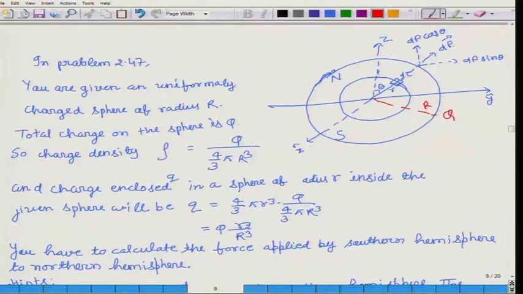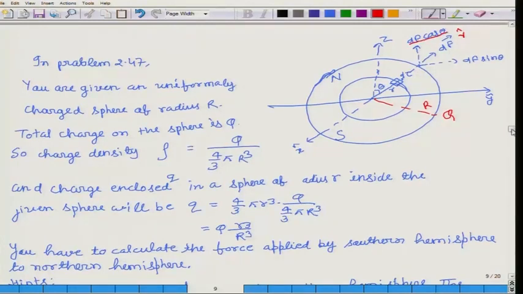If we calculate the force on this charge element, rho d tau, that force I have represented by dF, along the r cap direction. Now, see by this spherical symmetry, the horizontal component of this force, which we call dF sin theta, will be cancelled out as you move in the phi direction, and the vertical components will be added. So, to find out the force due to the southern hemisphere on the northern hemisphere, you have to add these forces.